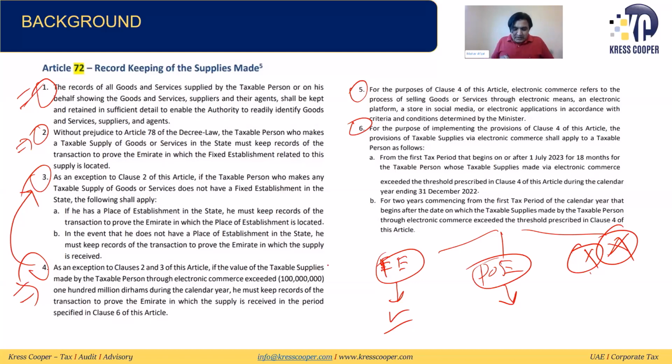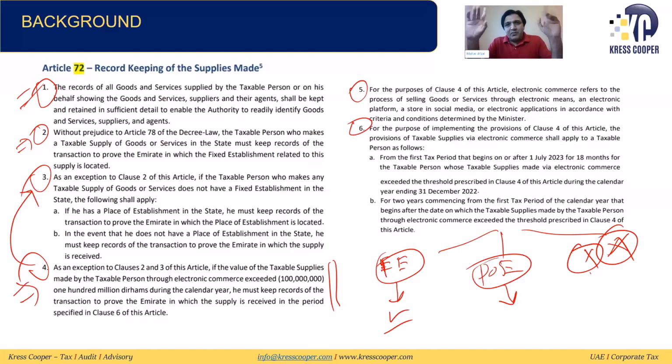So this is the exception. If the supply is being made through an e-commerce platform and the value exceeds 100 million in the calendar year, then we need to report the supplies in the Emirates in which these goods and services are being received. We'll discuss in the next slide.